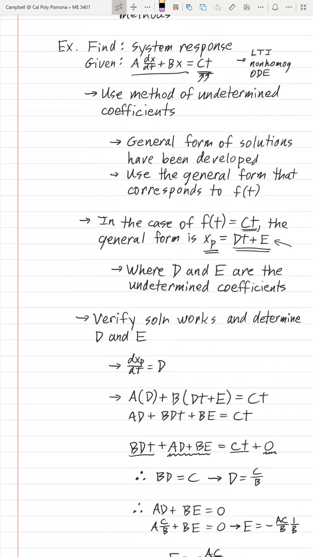Because notice what I said up here, and let's change colors here. Notice what I said up here is that the particular solution, or the general form for the particular solution that we choose, that we work with, is dependent solely on the input to the differential equation, which means that I have completely ignored, I've only paid attention going all the way back up here, I've only paid attention to the right-hand side of the equation, and I've completely ignored the left-hand side of the equation.